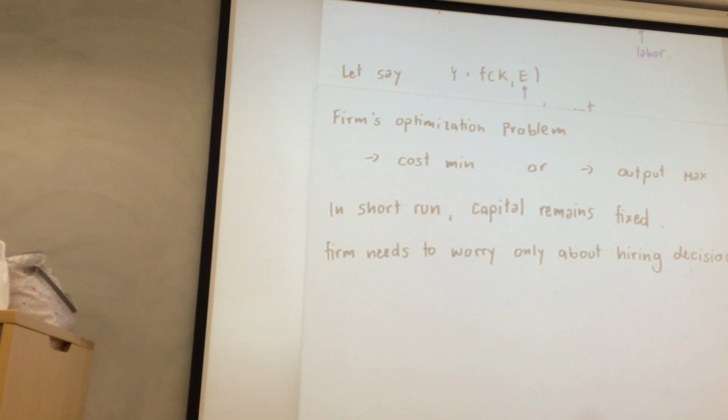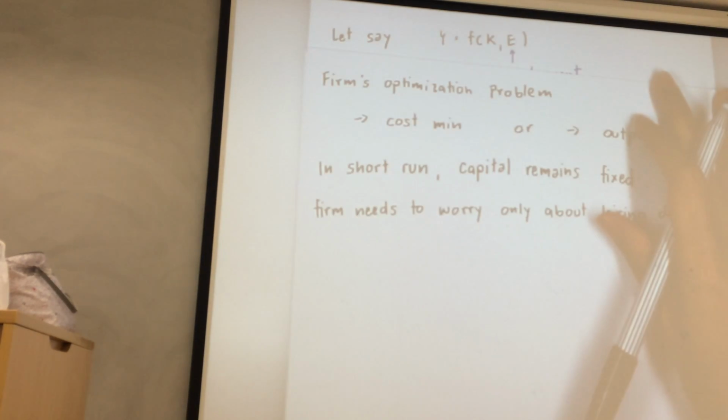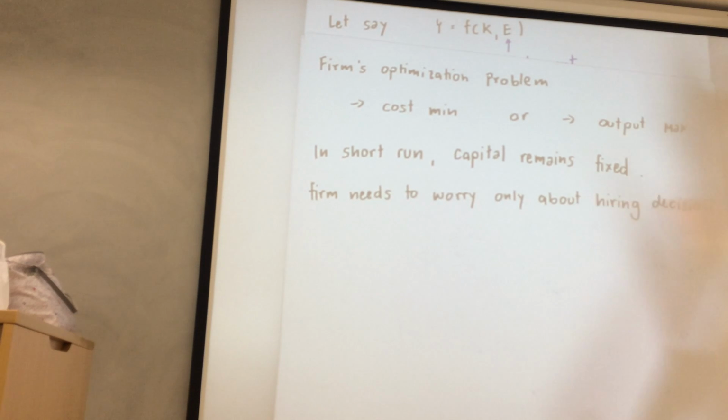That's pretty much it. So the thing that they need to think about is, first of all, the relationship between output and labor, or employment, let's say. I already changed it to employment, so I'll keep using the word employment. Firms need to worry about how much employment they would like to use in production, and the level of output will vary depending on the level of employment, right?